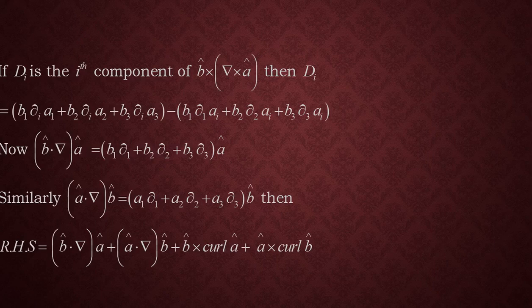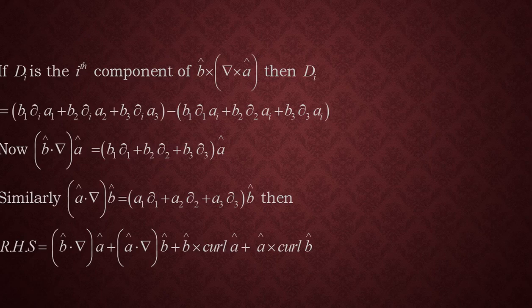So similar to a cross curl b, we obtain b cross curl a equals b1 ∂_i a1 plus b2 ∂_i a2 plus b3 ∂_i a3 minus (b1 ∂_1 a_i plus b2 ∂_2 a_i plus b3 ∂_3 a_i).